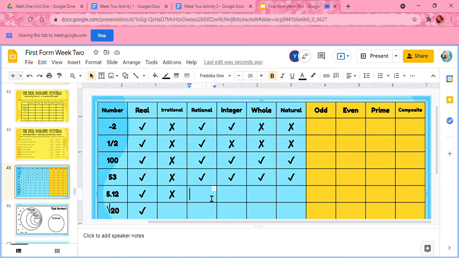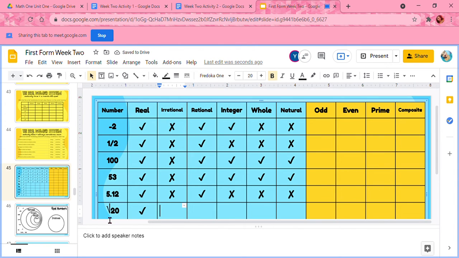Yes, it is a rational number. Is it an integer? No, it's not. Is it a whole number? No, it's not. Is it a counting number? No, it's not. Very good, very good.